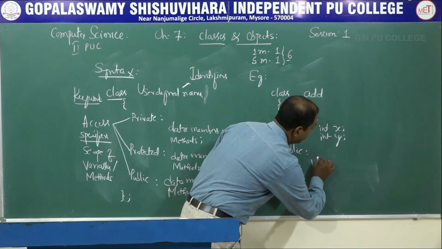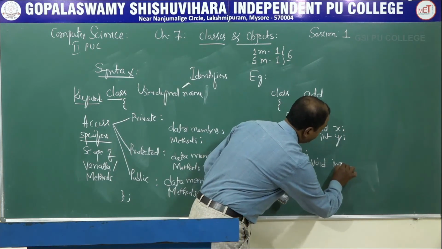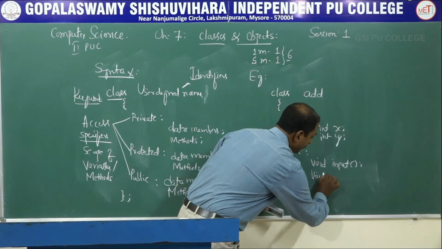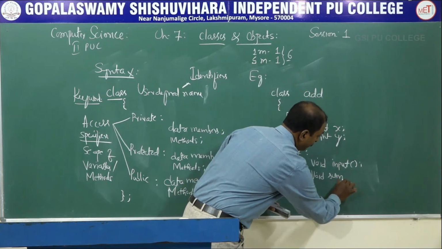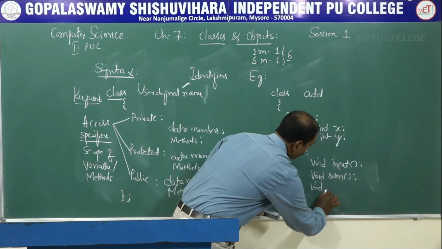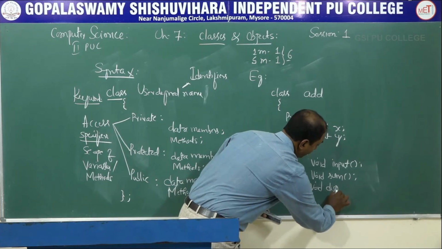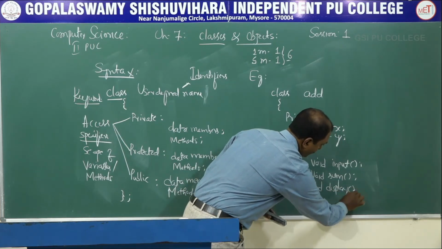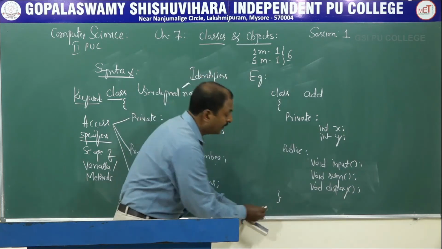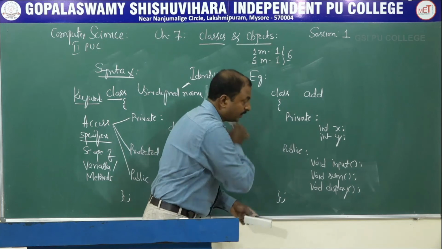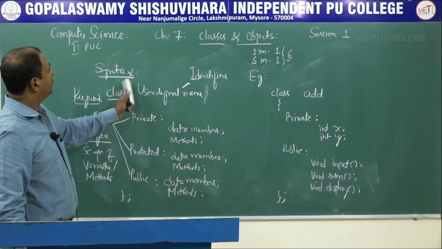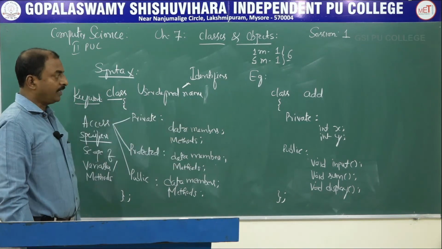First, for example, I say void input; void sum, it is one more function or method; and void display; and here I am closing the class with this flower bracket and semicolon. So this is one example for class definition, or how we define a class.